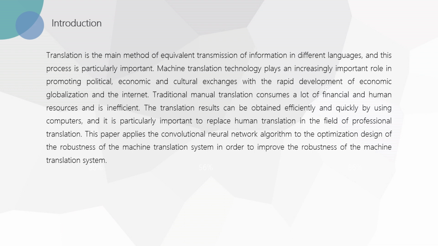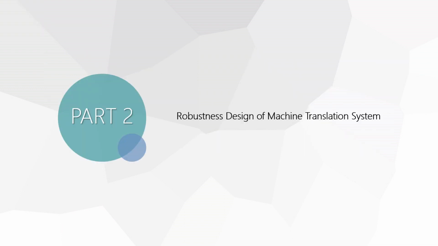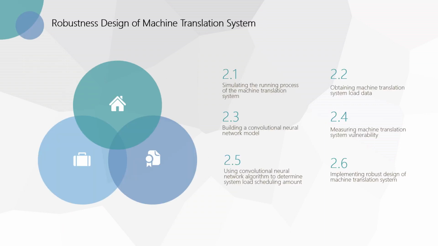The second part of my article is the robustness design of machine translation system. There are 6 sections in this part. First, simulating the running process of the machine translation. Second, obtaining machine translation system load data.